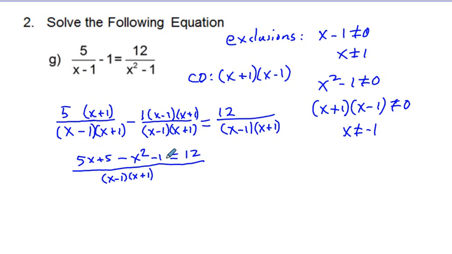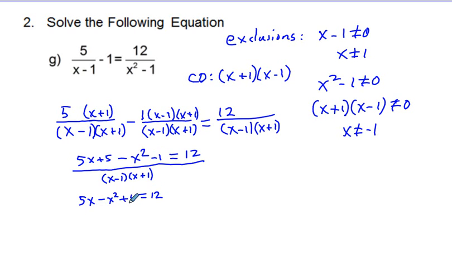So really we just have to worry about what's in the numerator here. So we're going to have 5x minus x squared, and then we're going to have 5 minus 1, which would be plus 4, is equal to 12.